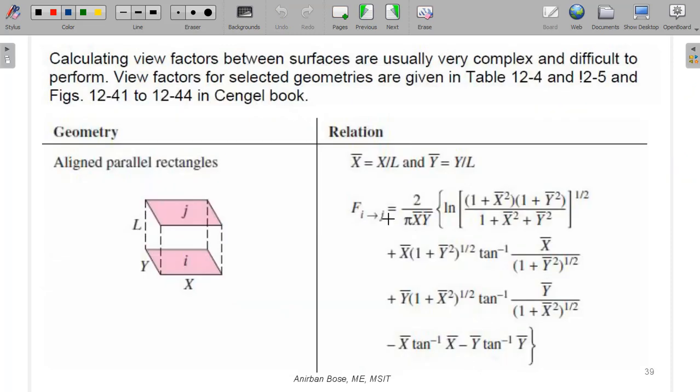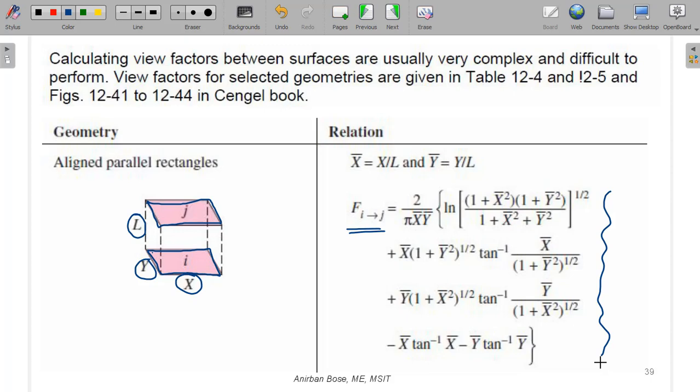Now, for certain simple situations, suppose this is a rectangular plate, and this is another rectangular plate, with dimensions x and y, and the distance between the plates is L. In that case the view factor, after doing that complicated integration, can be shown to be given by this formula. You can understand it's a very complicated formula for the final result. Remembering this formula is very difficult, and doing the integration is definitely difficult.